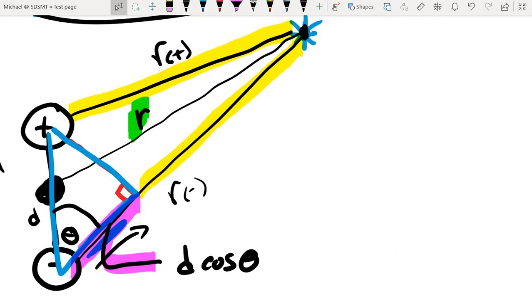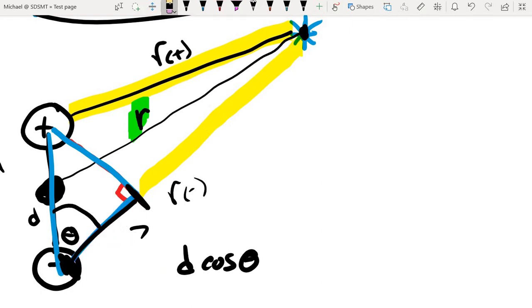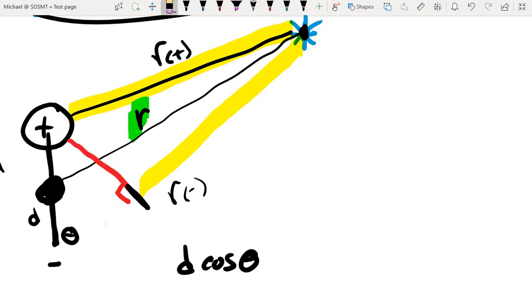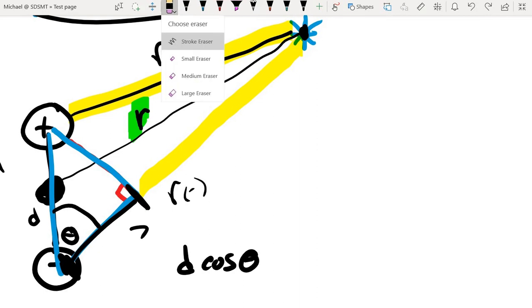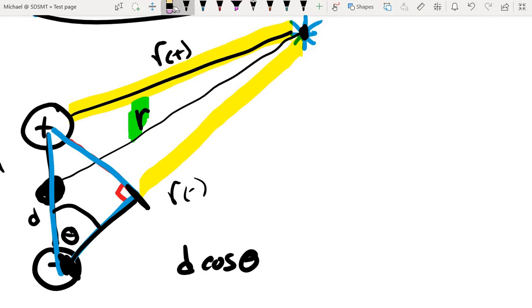Well, remember that we just said that this portion right here, and things are getting kind of messy, so I'm going to back off on this stuff. Let's see, I'll use this color then.